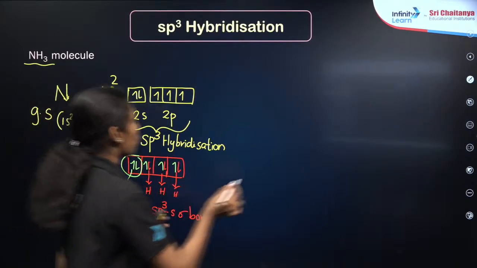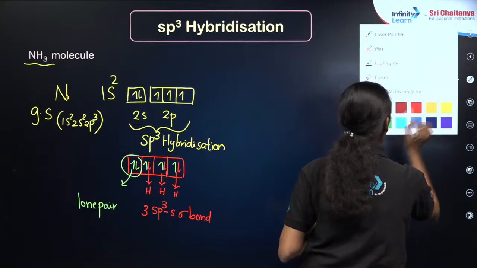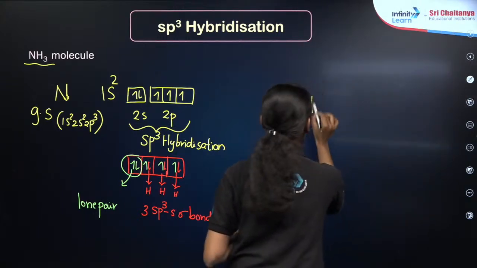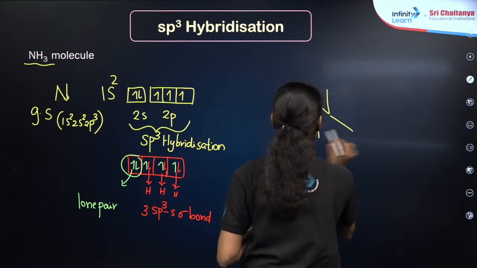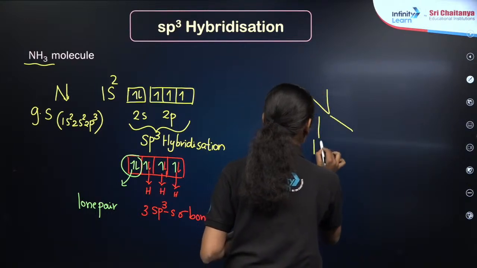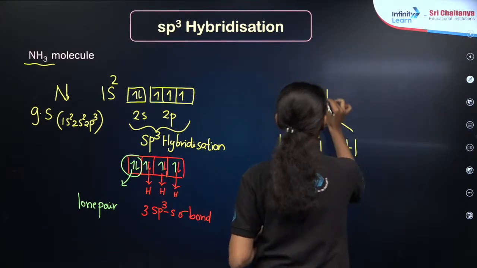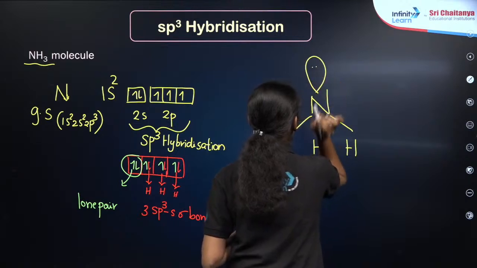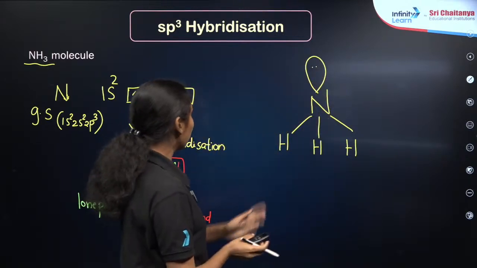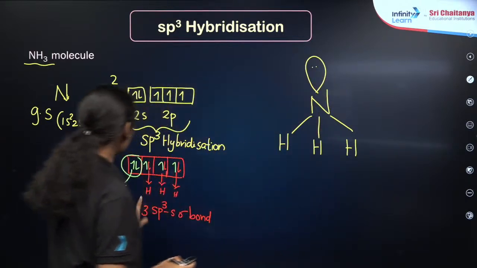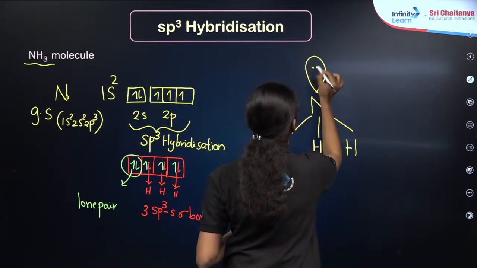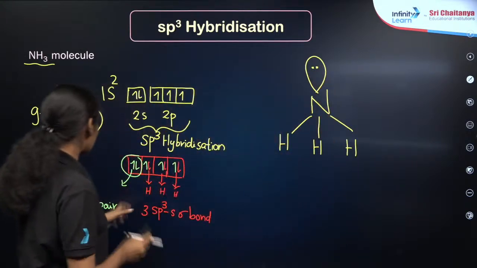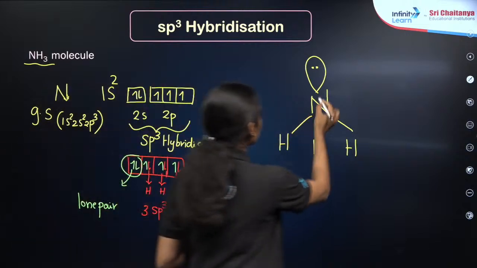So while drawing the structure of NH3, you can identify that. Okay, this will be the structure of the NH3 molecule. These 3 sigma bonds correspond to the sp3-s sigma bonds. Then the remaining sp3 orbital will represent the sp3 lone pair.